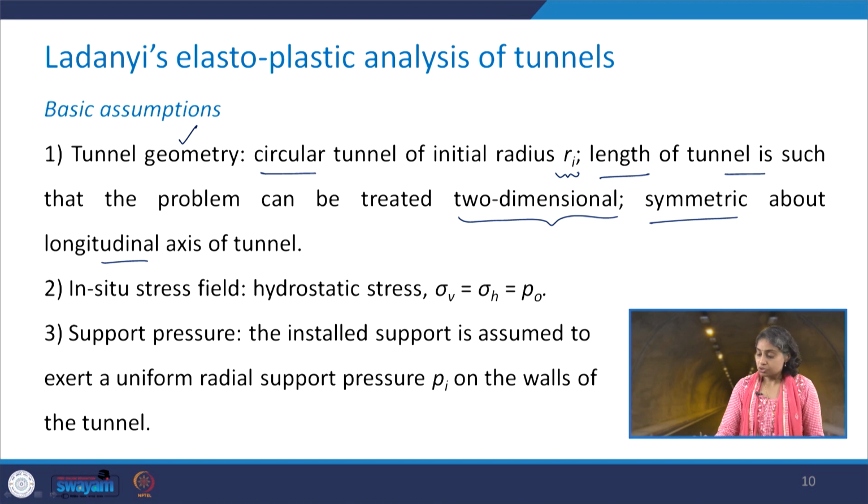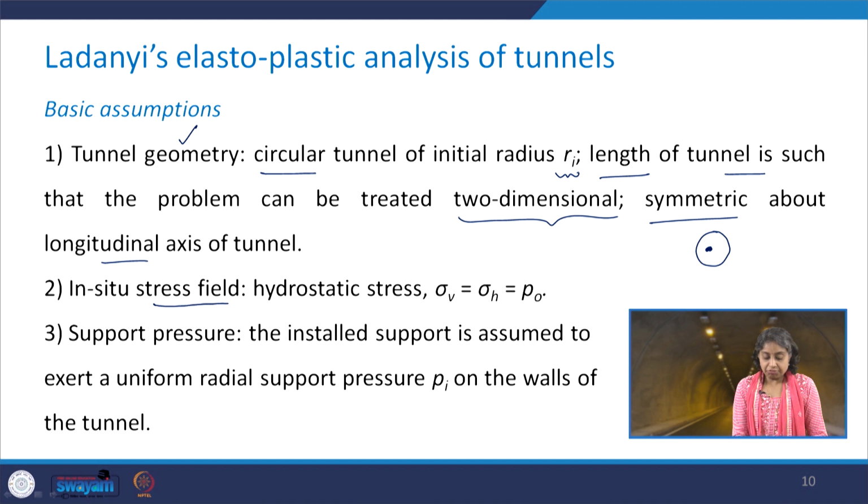If the cross section is circular, then the direction perpendicular to the plane of the screen is the longitudinal axis of the tunnel, and it is considered to be symmetric about that.